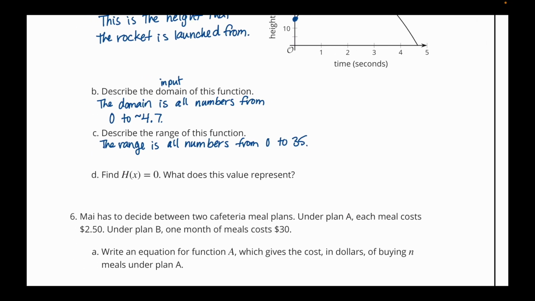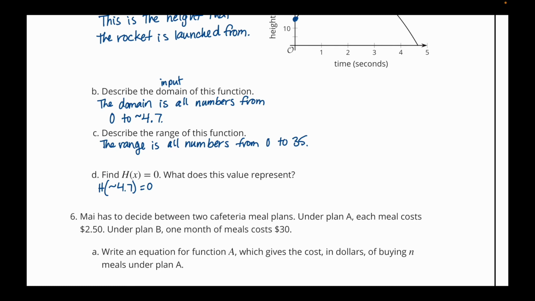That means find the input for when our output is 0. That was this point right here. I estimated that to be around 4.7. So I can say h of approximately 4.7 equals 0.